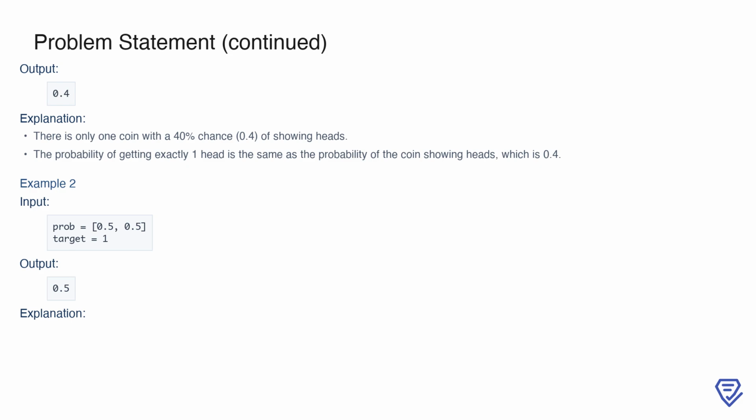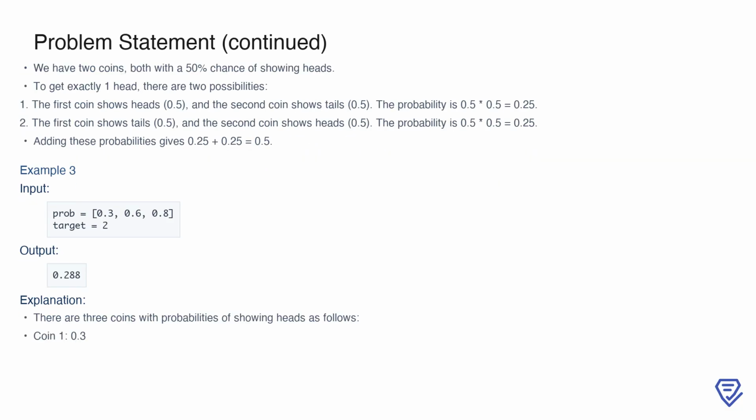Now, let's consider a slightly more complex example with two coins. Here, we have two coins, each with a probability of 0.5 of showing heads, and the target is one head. To achieve this, there are two possible scenarios. In the first scenario, the first coin shows heads while the second coin shows tails.